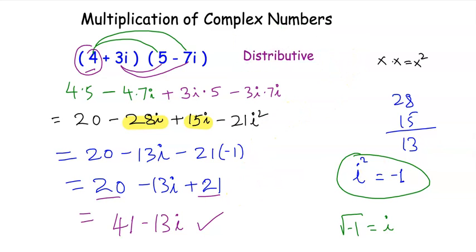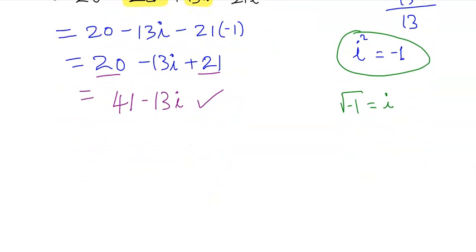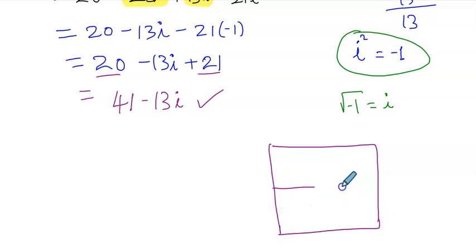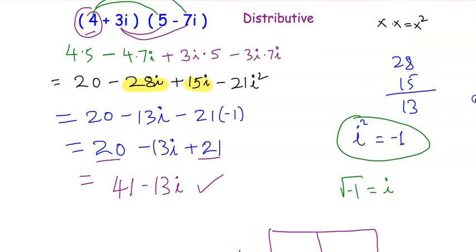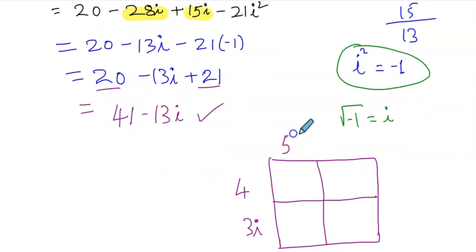And if you are not comfortable using distributive property, same thing you can do by having a box also. Like we used to multiply numbers, same way you can do this. I can write those two. The first complex number, 4 plus 3i, 4, 3i here. Second complex number, 5 minus 7i, 5 minus 7i.